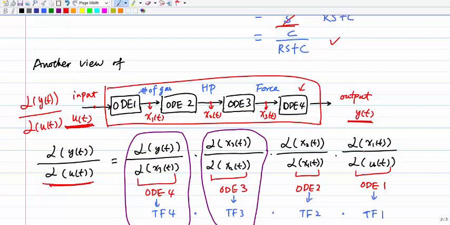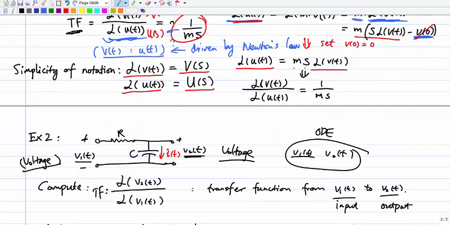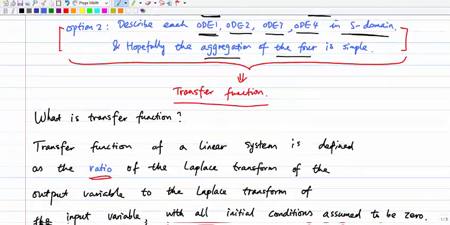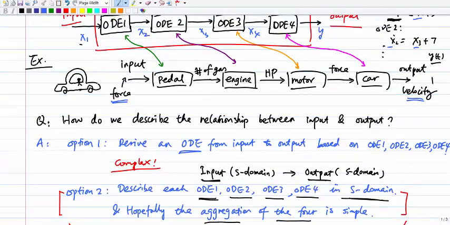The reason this is true is because I can cancel out all the intermediate steps directly. If you want to use option 1, you still want to cancel out all the intermediate variables.